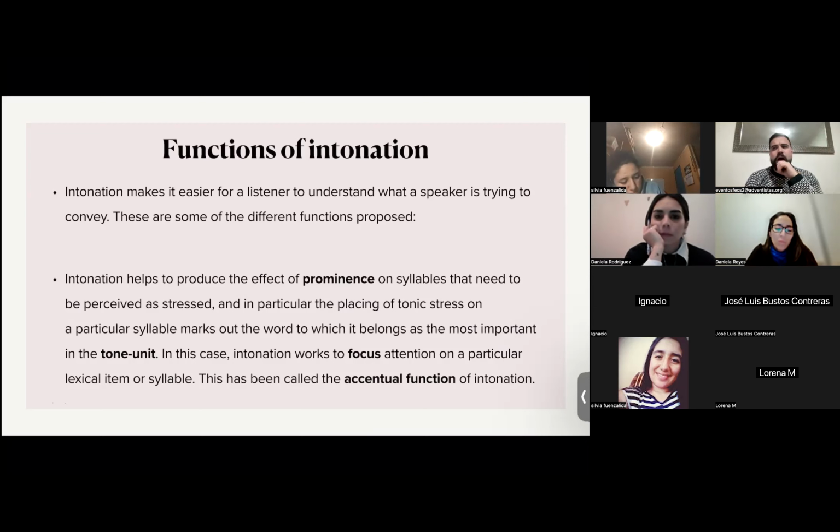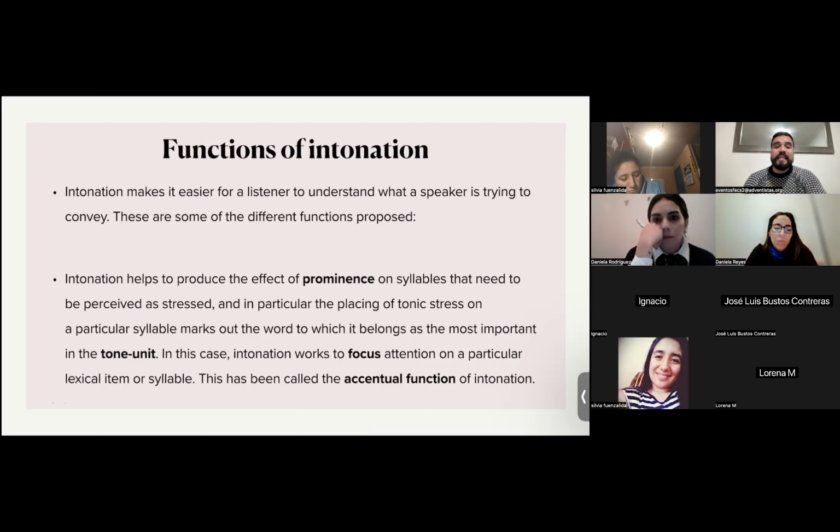For example, when they say, oh, she go to school, she go to school, or she goes to school, you know? So you use that tone to produce that effect of prominence on certain syllables, so that they need to be perceived as stressed.